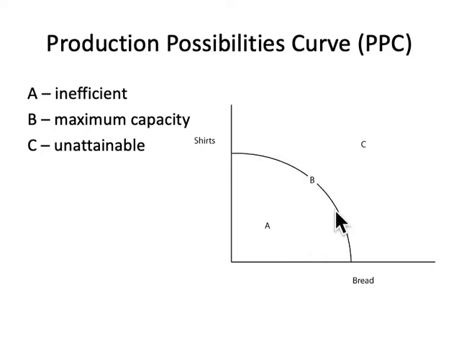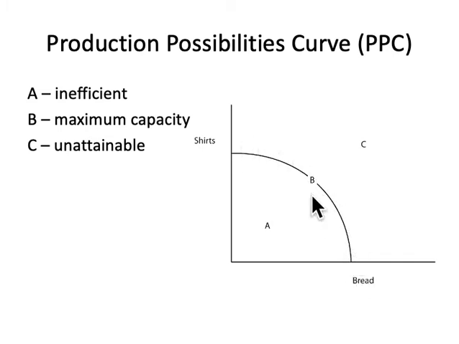And this line talks about our maximum capacity. So if we utilize every single resource we had, every person is working, and we choose to produce bread and shirts at the same time, we can produce 10 loaves of bread and 15 shirts. Okay? So that's a maximum capacity scenario. That B could be anywhere on this curve, and we'd still be at maximum capacity.